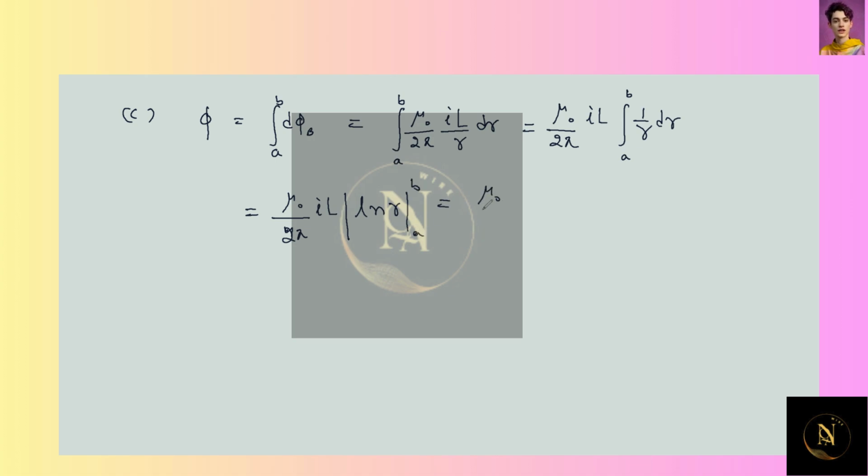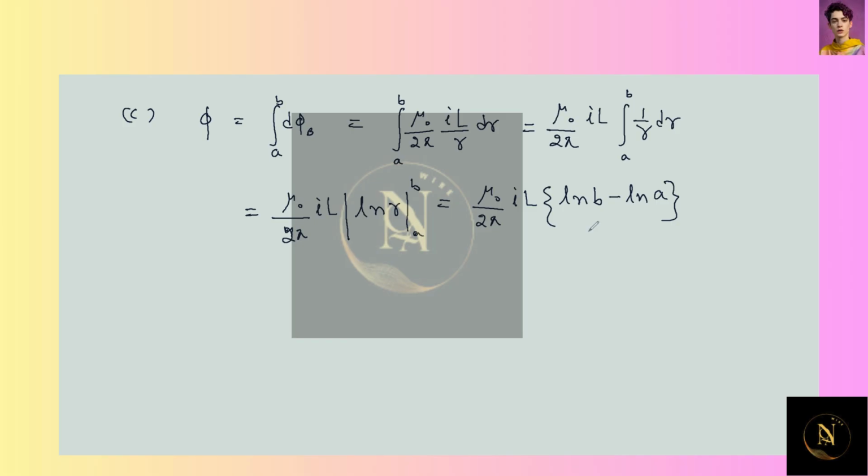So it becomes mu naught by 2 pi I L, natural logarithm of b minus natural logarithm of a.